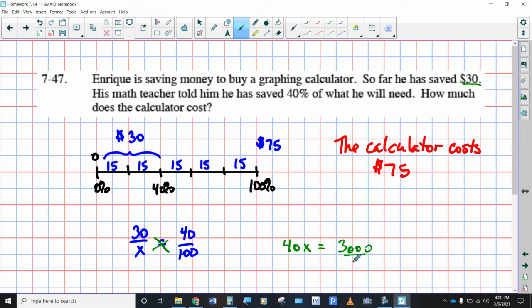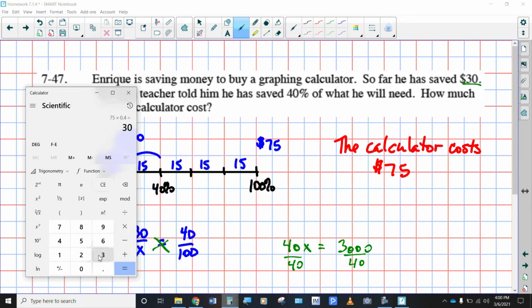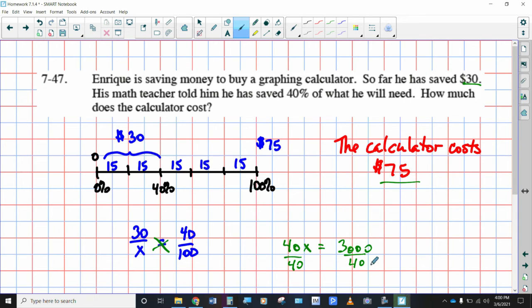And now when you take 3,000 and divide it by 40, you should get your answer. 3,000 divided by 40 is indeed $75. Okay, so big fan of the percent proportion. If there's ever any confusion about these other strategies we've been working with, always fall back to this. It works like a charm.